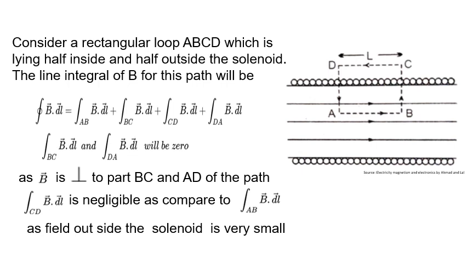The other part, integral CD of B dot dl, is negligible compared to integral AB of B dot dl, because the DC path is outside the solenoid and the field outside the solenoid is very small compared to the field inside the solenoid.